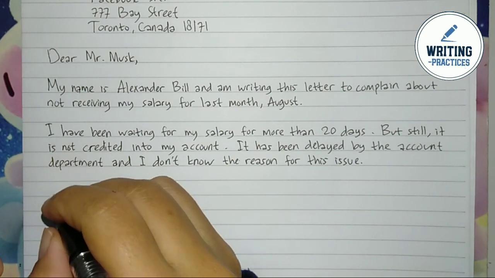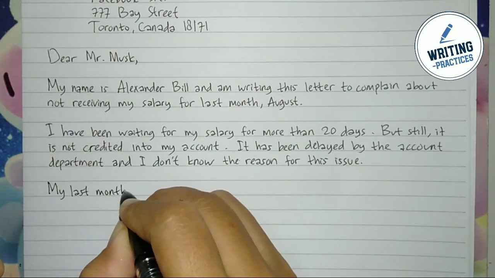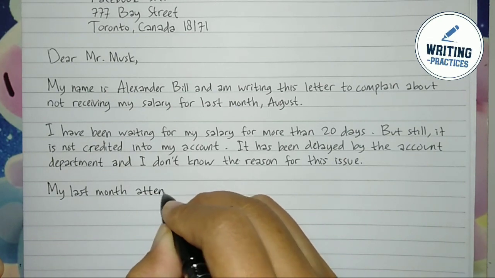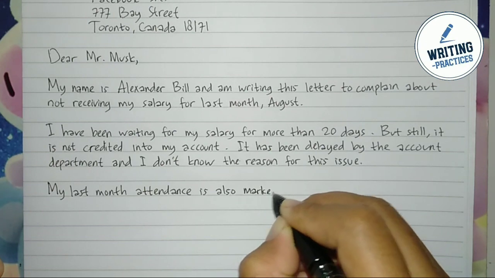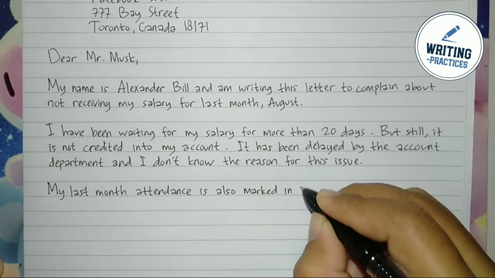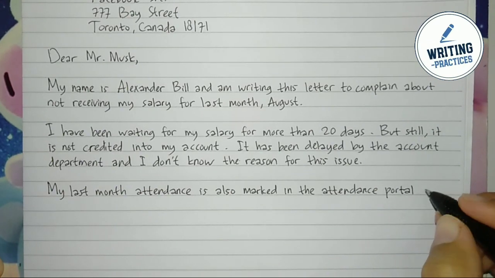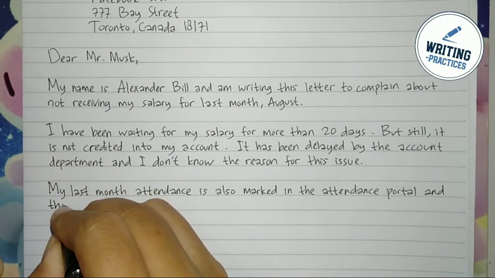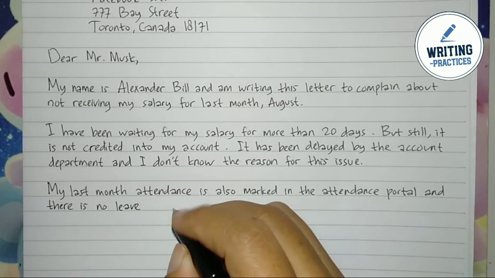In the third paragraph, convince the recipient that you didn't violate any regulations in the company. You can mention how you always mark the attendance portal or something. And mention you got no LOP last month.